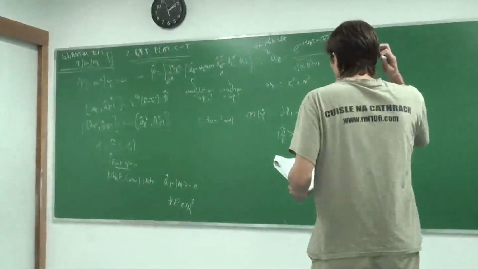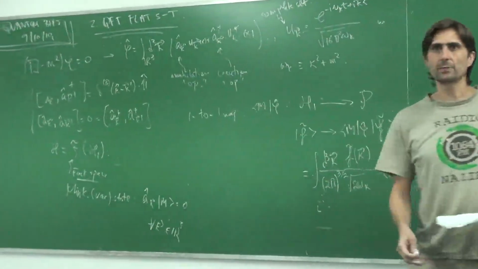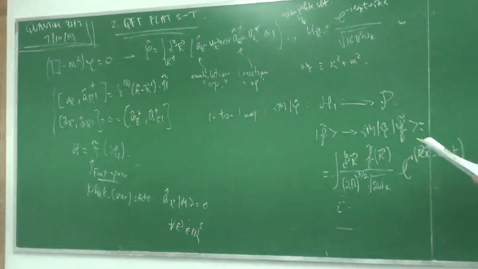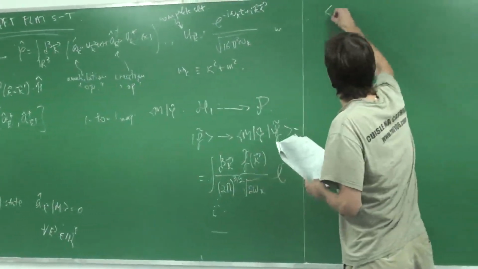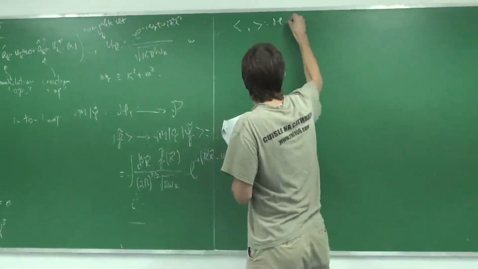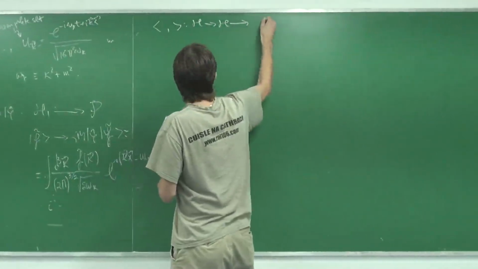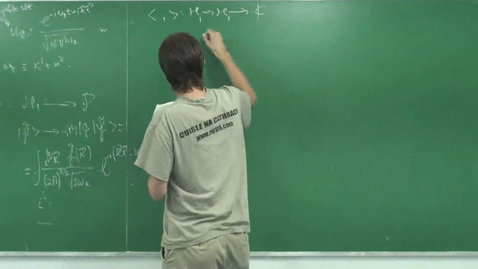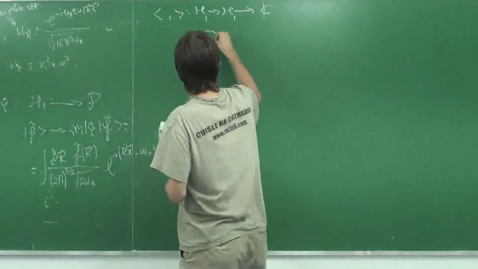And then, so we've got the Hilbert space, we need an inner product. So the inner product is just given by this.